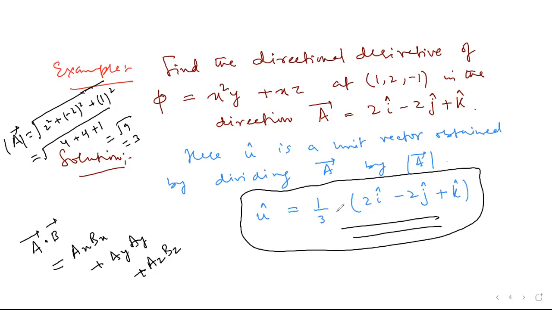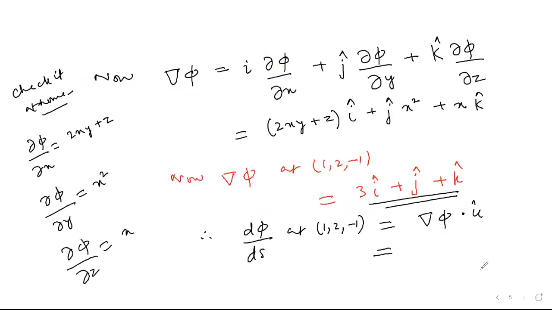The x component of u cap is 2 by 3 and the x component of del phi at this particular point is 3. You have to multiply them. You will get this answer: 2 minus 2 by 3 plus 1 by 3, which is 5 by 3. So this is my answer.